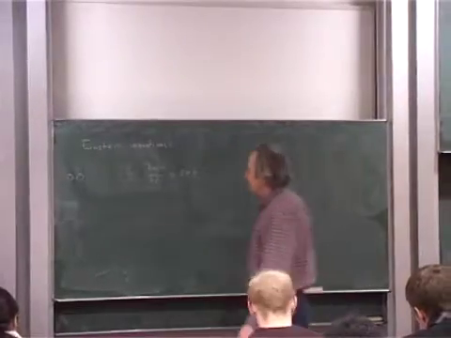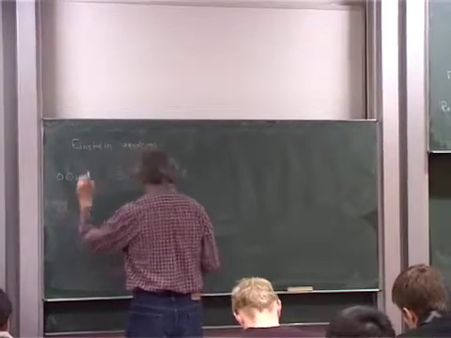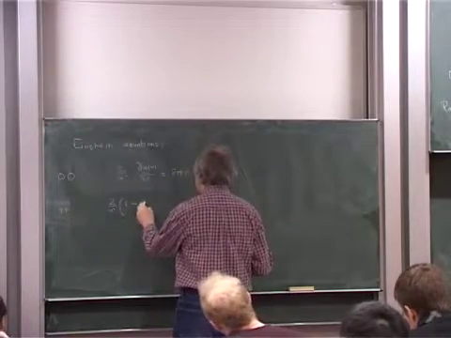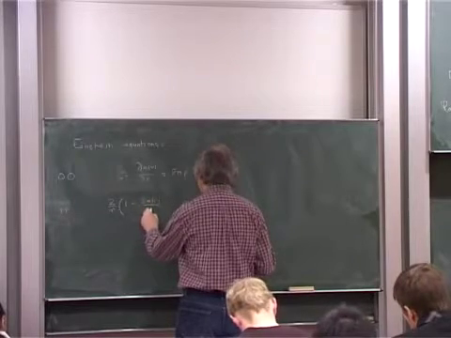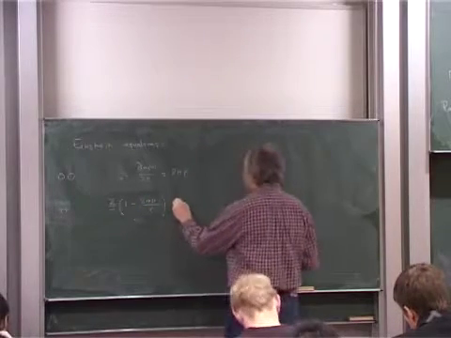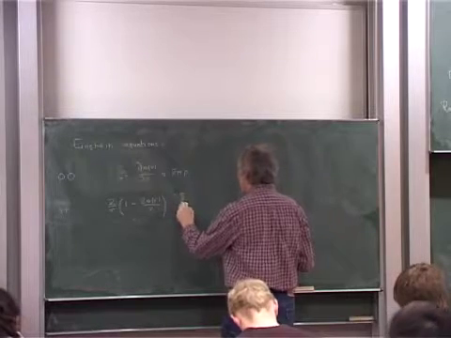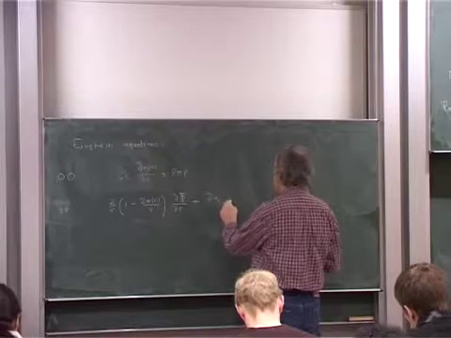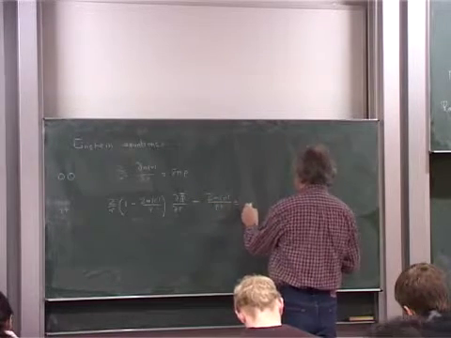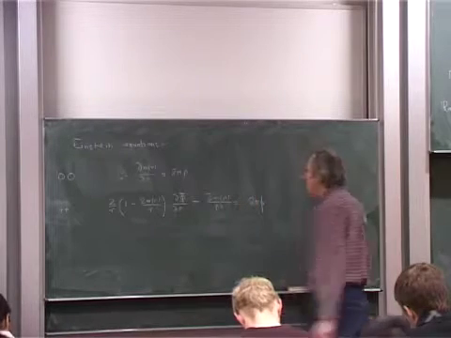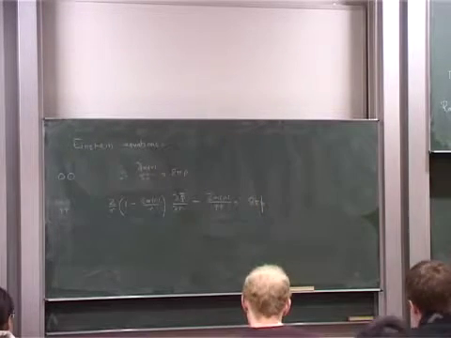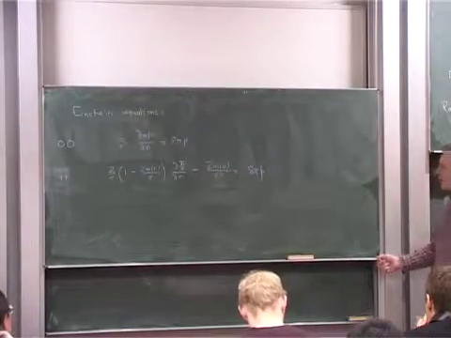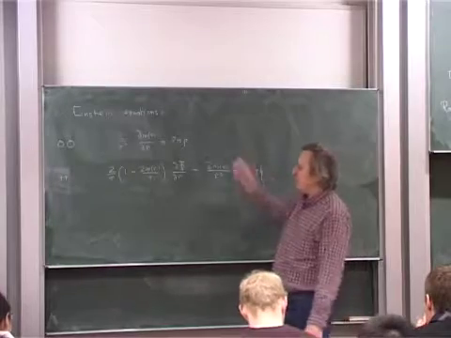The RR component is 2 over r into 1 minus 2m of r over r times d phi dr minus 2m of r over r cubed is equal to 8 pi times the pressure. I do not expect anybody to remember this formula. So, this is complicated. This is relatively simple.